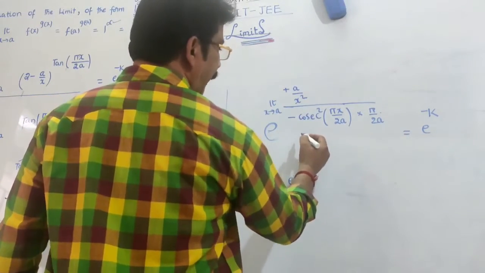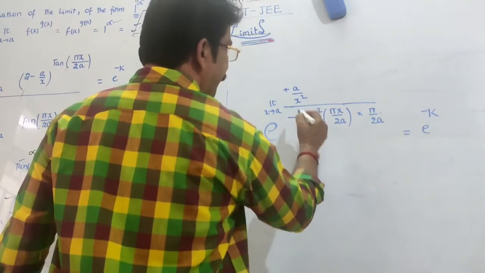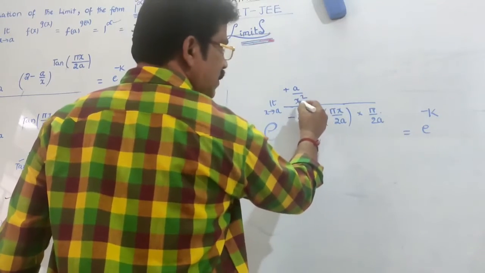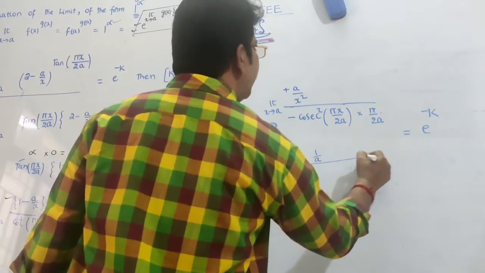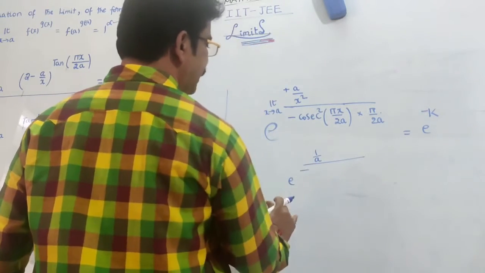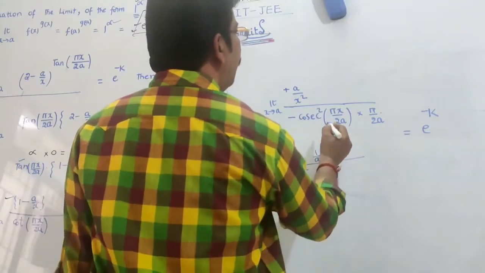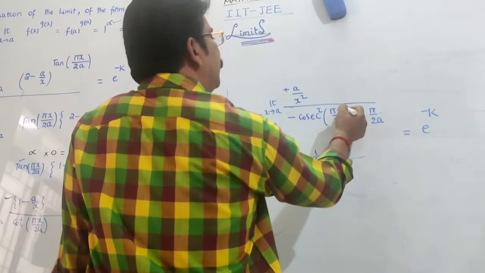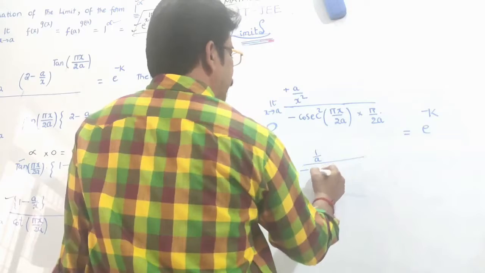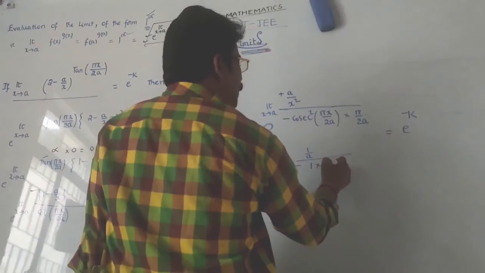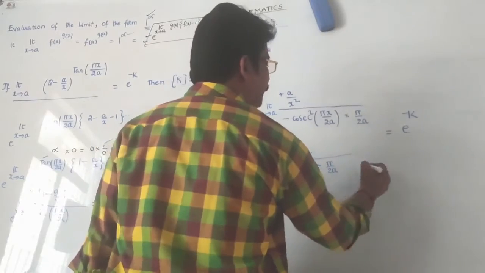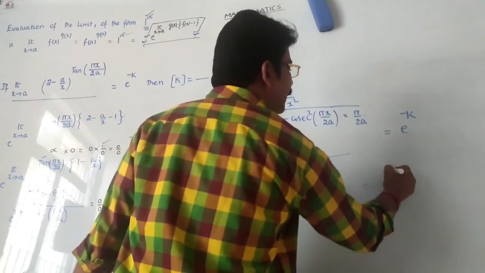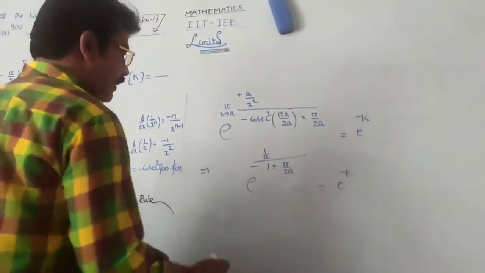First a by x equal to a square, 1 by a, it is 1 by a whole divided by minus, first I will write this value, minus x equal to a cancel, pi by 2, minus 1 into pi by 2a. Of course it is e power something, that is equal to e power minus k.